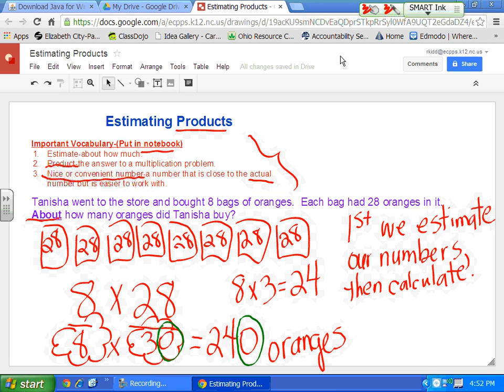Did I answer the question? I sure did. I said about 240 oranges, or how many Tanisha bought. So that's our quick little lesson on how we estimate products, and we used a single digit by 2 digit in this case.